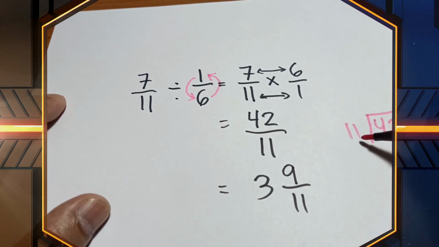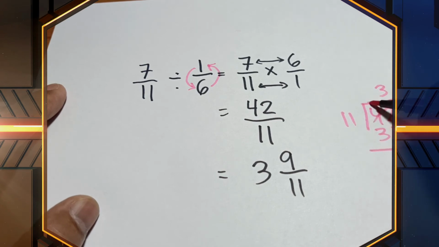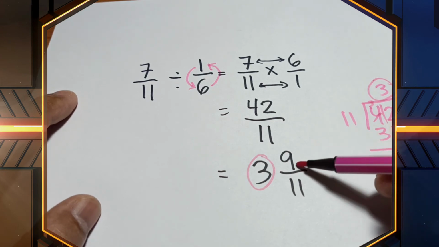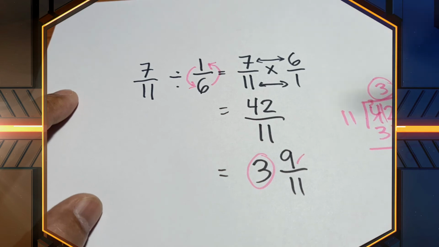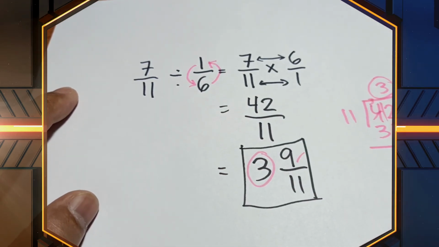We can make 3 elevens out of 42, and 3 times 11 is 33. 42 minus 33 leaves a remainder of 9. So the 3 is the whole number, and the remainder 9 goes over 11. So the answer is 3 9 over 11.